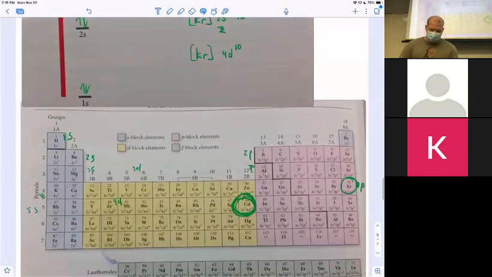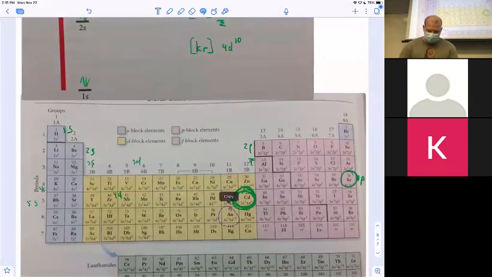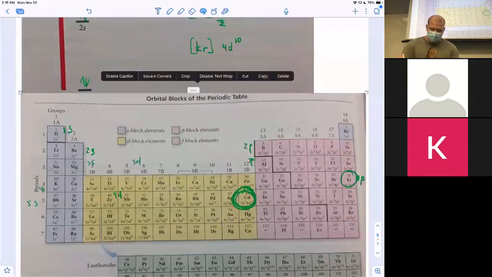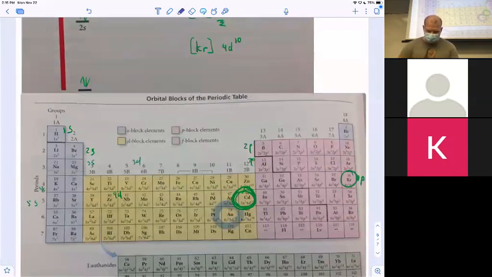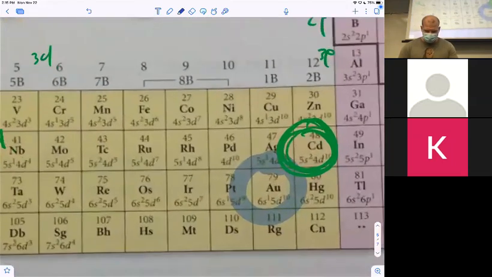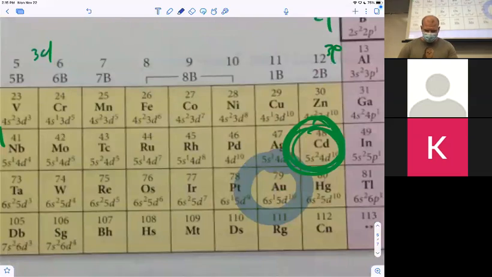And gold, I guess gold's down here. Gold's right here. So actually, I wouldn't ask this question because gold is an exception. You can see this table here gives you the one there.